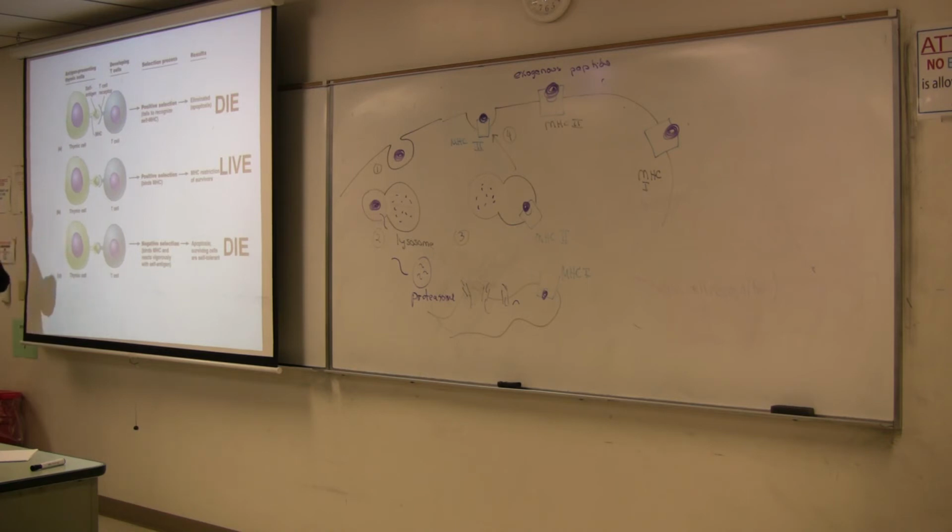All right, so basically what we're left with after maturation are T cells that can interact with MHC complexes, 1 or 2. T cells that do not respond strongly to self-antigens. They will only respond to foreign ones. That's the purpose of the thymus.